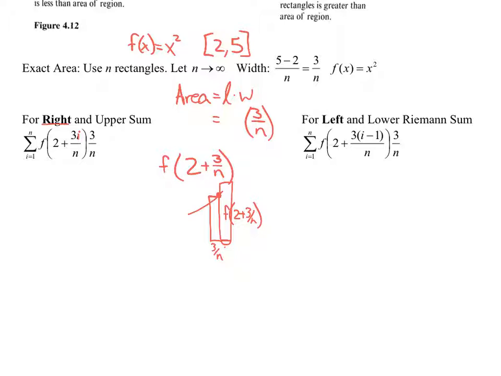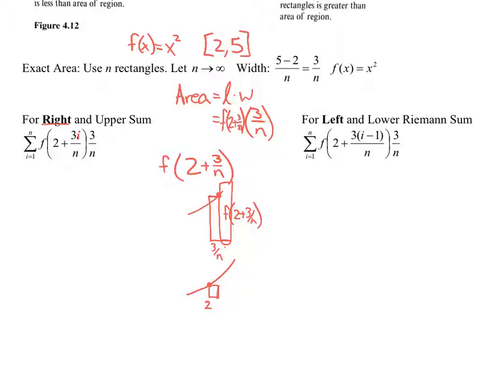And then what I'm going to do is add up all of those areas. So the area is f of 2 plus 3 over n times that width 3 over n. Now, for the left or lower Riemann sums, I'm doing the same idea, but I want my rectangle to have a width of 3 over n, and I want the height to be hitting the function on the left side.